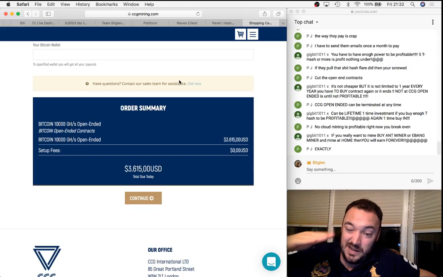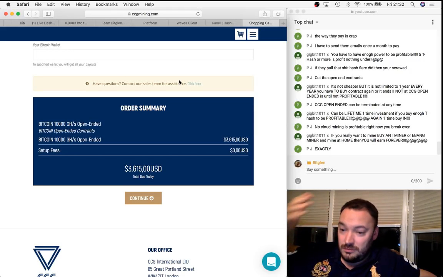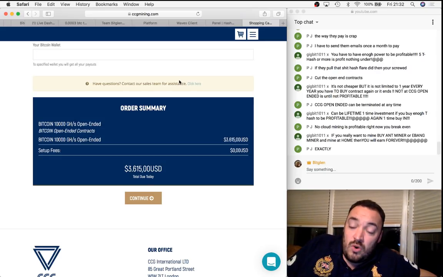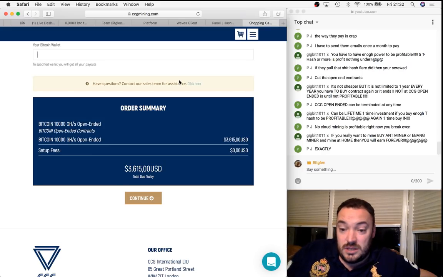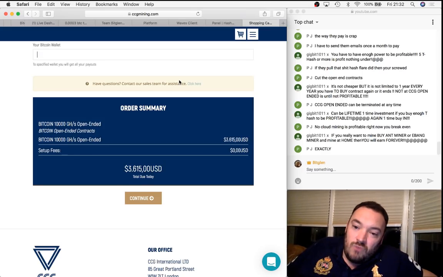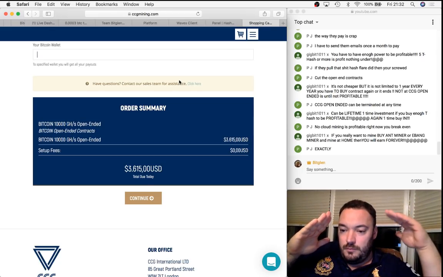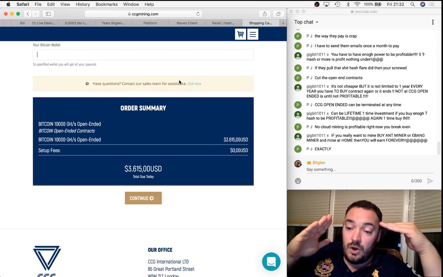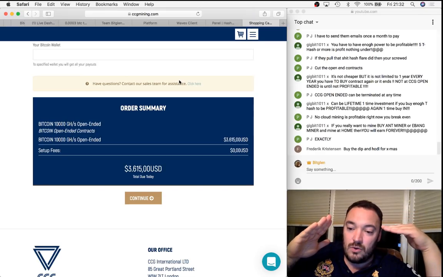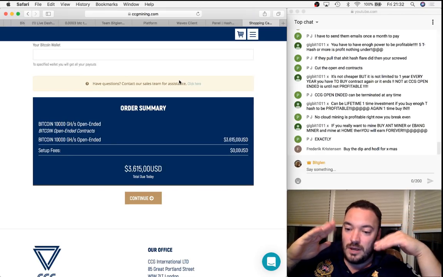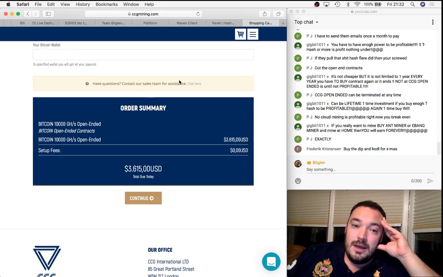If anything, utility costs generally go up with inflation, and unless you shop about and get a cheaper deal, you're going to pay more in your electricity bill next year than you did this year. Generally, that's a rule of thumb. So your costs are going to go up, and with the difficulty going up, the amount of Bitcoin you're going to be receiving is going to go down. So you need to calculate that.